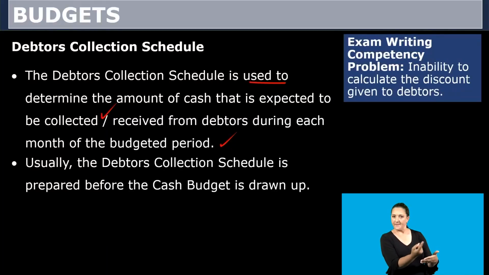Then there is a collection pattern that we also use that will determine how we expect our debtors to pay. Then we will draw up what is known as the debtors collection schedule. So it will now show us the expected cash from our debtors. We're going to do that in today's class. Usually, the debtors collection schedule is prepared before the cash budget is drawn up.